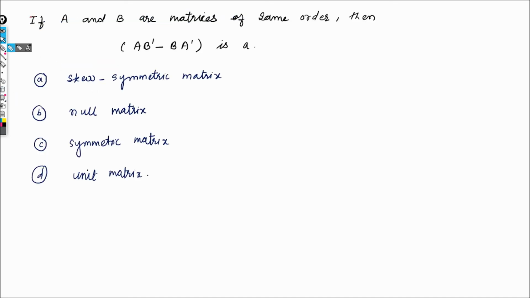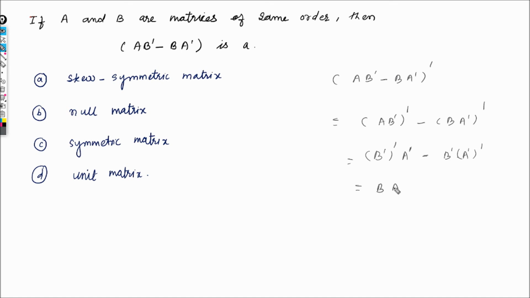A and B are matrices of the same order. Then take the transpose of AB dash minus BA dash. The transpose of AB dash is A dash dash, so this can be written as B dash of A dash, the transpose of the transpose.